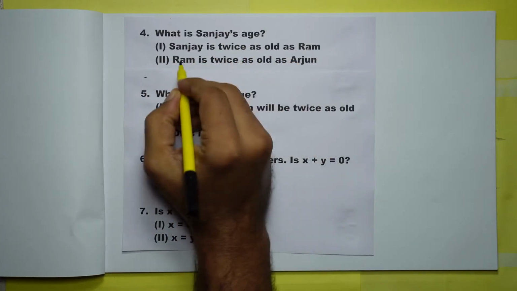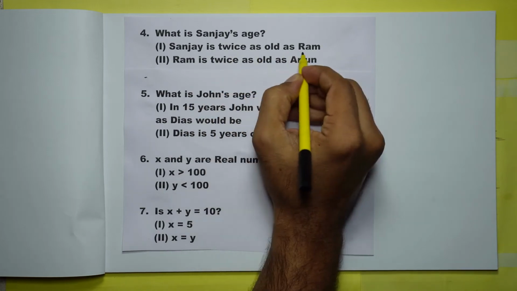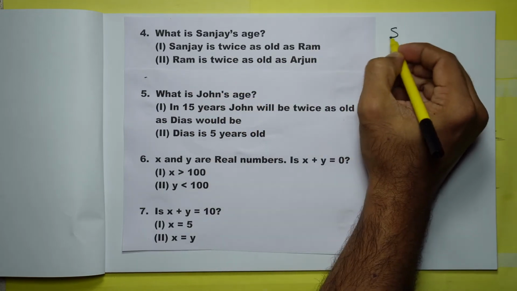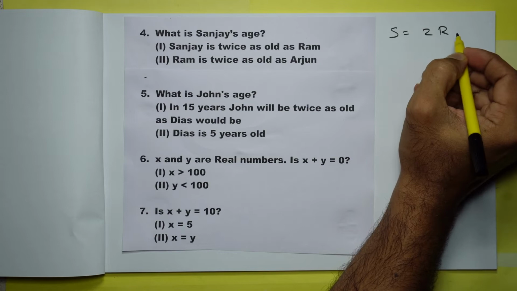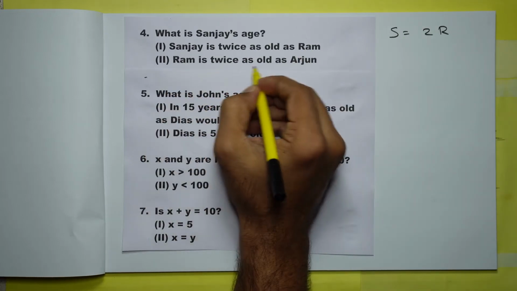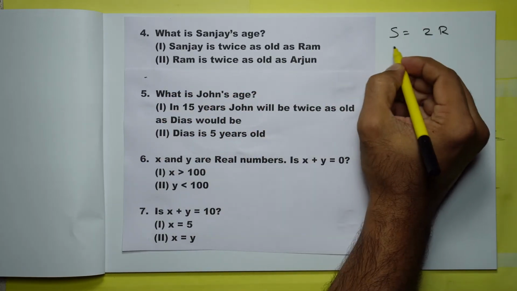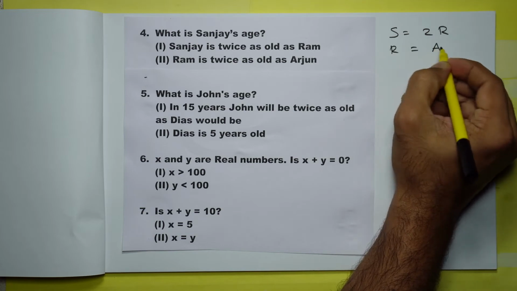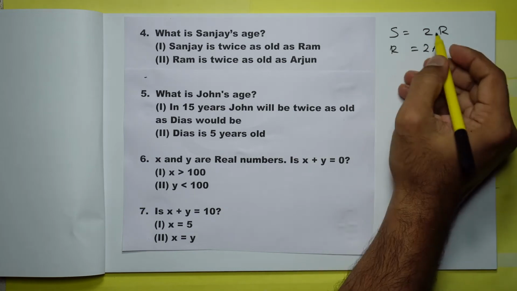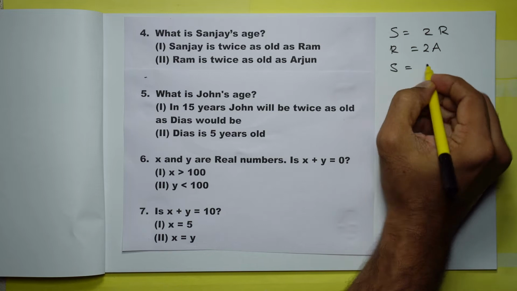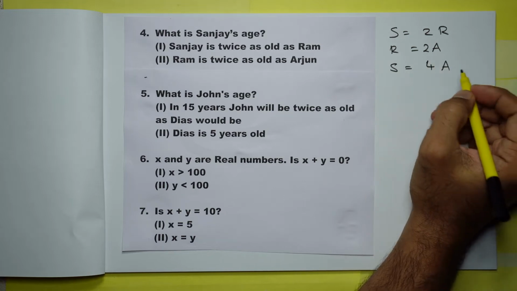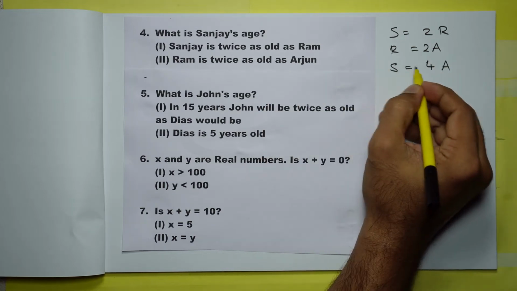placement test. Let's start. What is Sanjay's age? Sanjay is twice as old as Ram. So you will get S is equal to 2 times R. Ram is twice as old as Arjun. So R is equal to 2 times A. So from these two equations you will get S is equal to 4 times A. But we don't know Arjun's age.